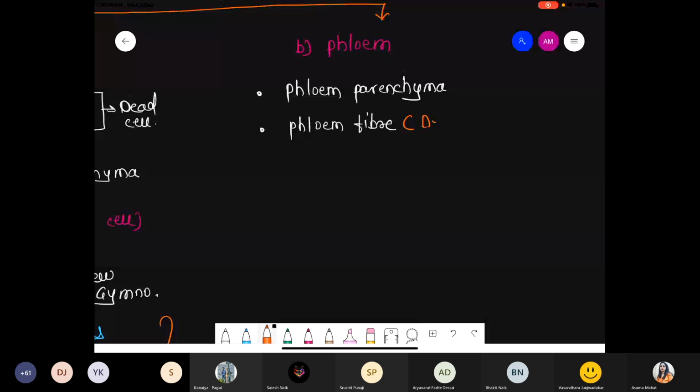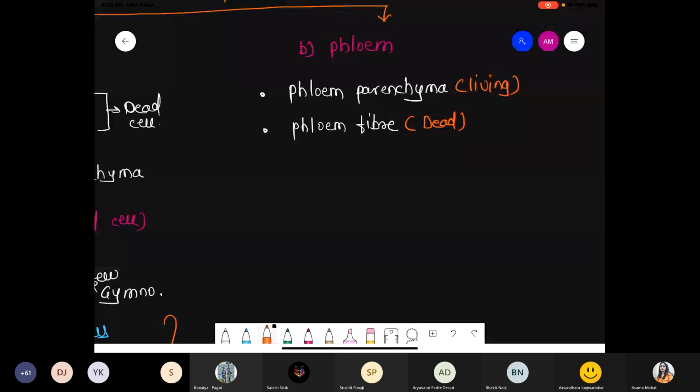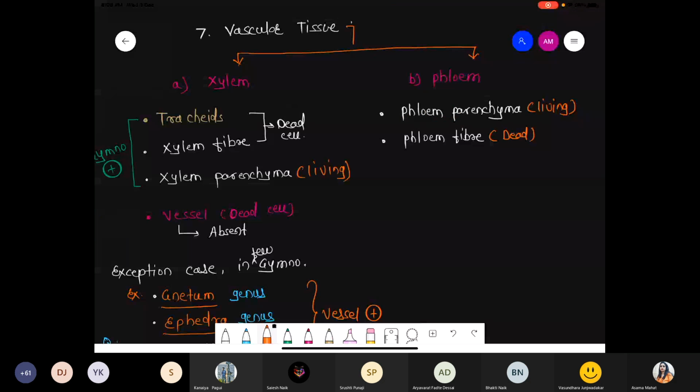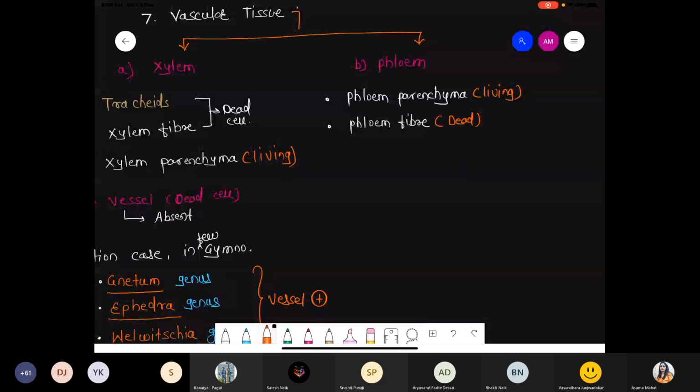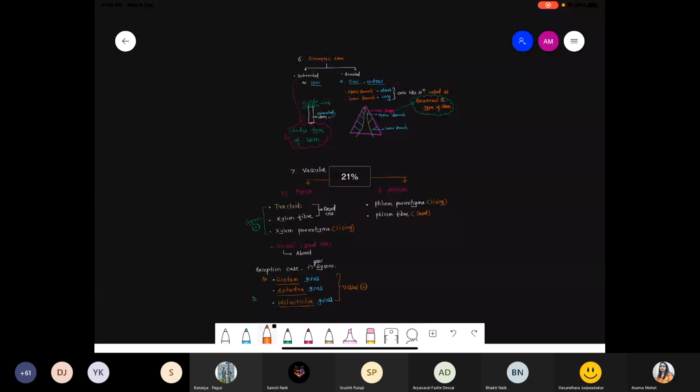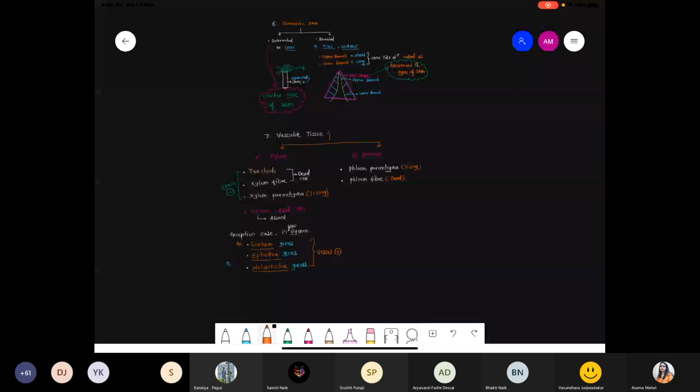Now we are talking about the next one, albuminous cell. Number third, we are talking about albuminous cell, and as well as we are talking about the next one, that is sieve cell.